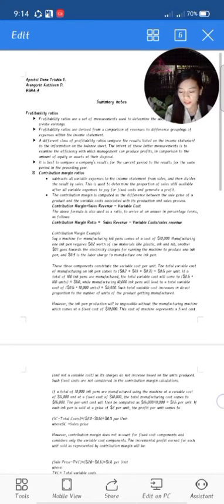So, these three components constitute the variable cost per unit. The total variable cost of manufacturing our ink pen comes to 0.2, which is the raw materials, plus 0.1, which is the electricity, plus 0.3, the labor charge, so it equals $0.6 per unit.